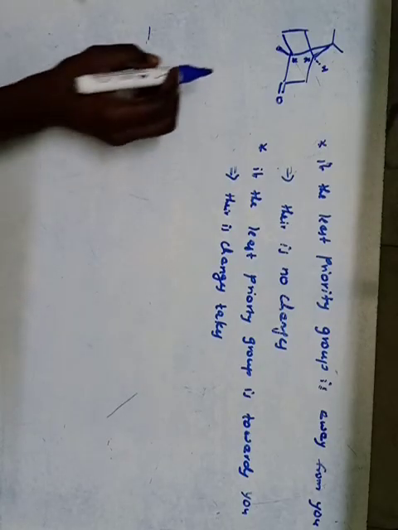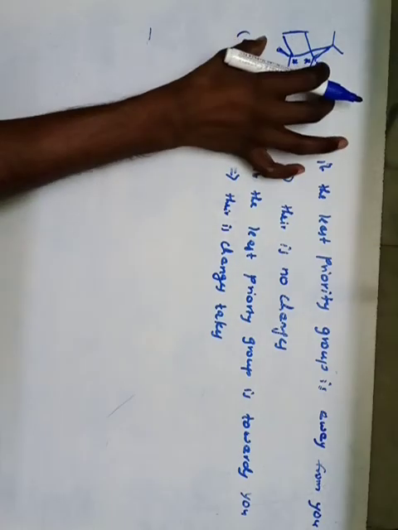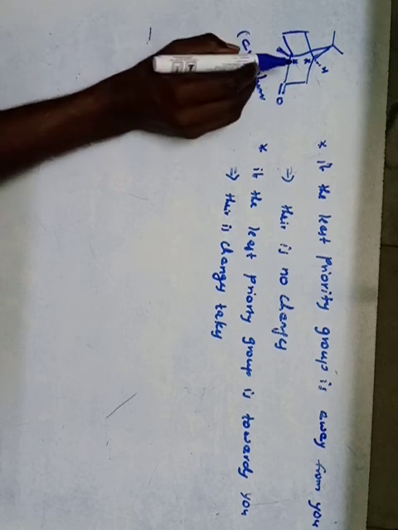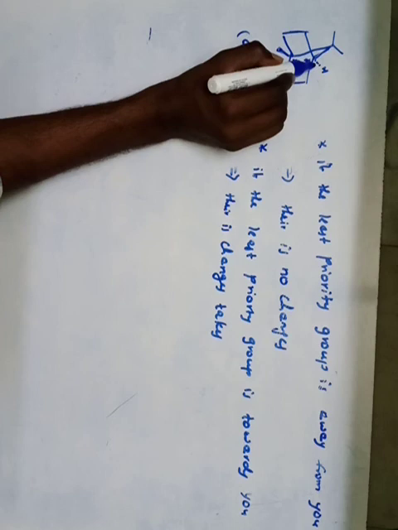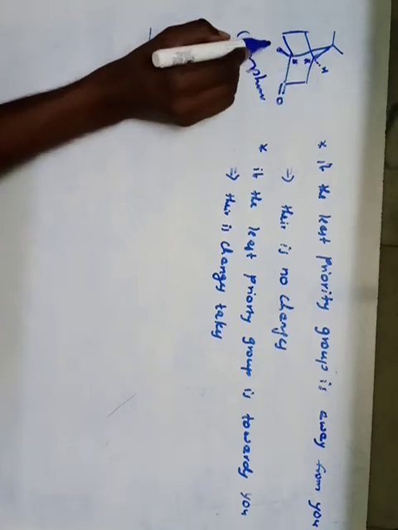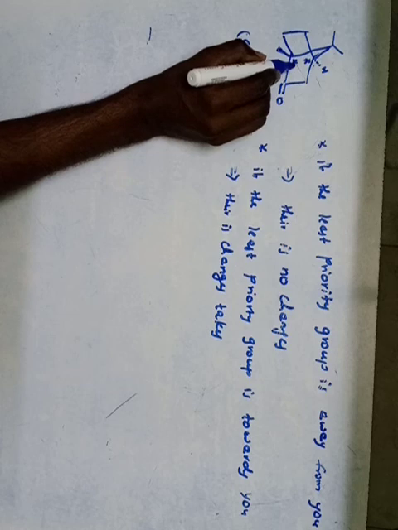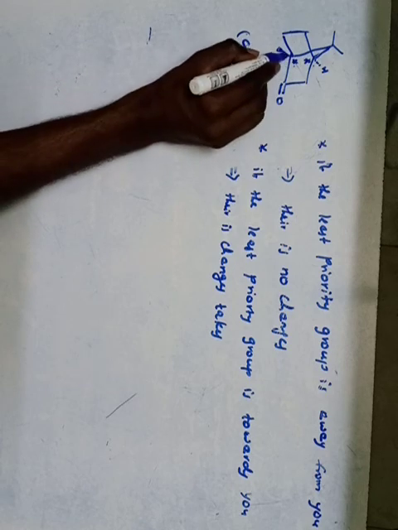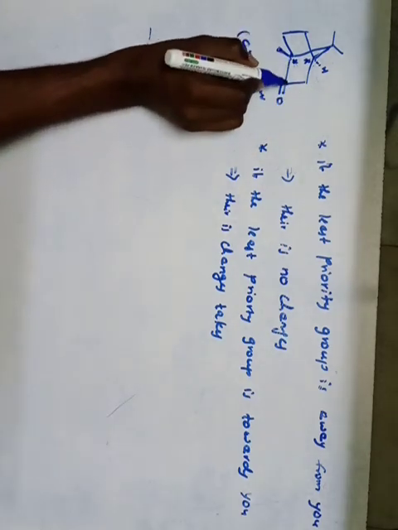Similarly, this is the camphor molecule. In order to find out the RS configuration for this molecule, note that in the camphor molecule there are two chiral centers present, right? This is one chiral center, and here is the other chiral center. This is the methyl group, right? Now we have to find the RS configuration for this chiral center. Here see, what groups are present on this carbon atom.